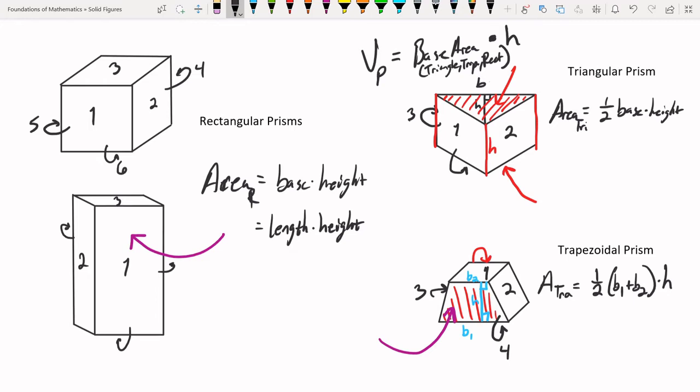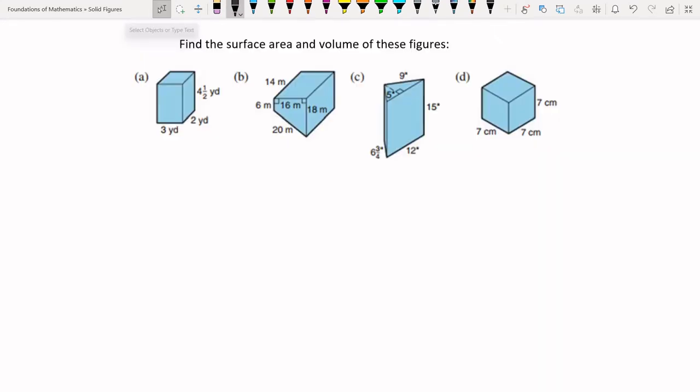And that's how you find the volume. This will make more sense in practice, so let's look at that.